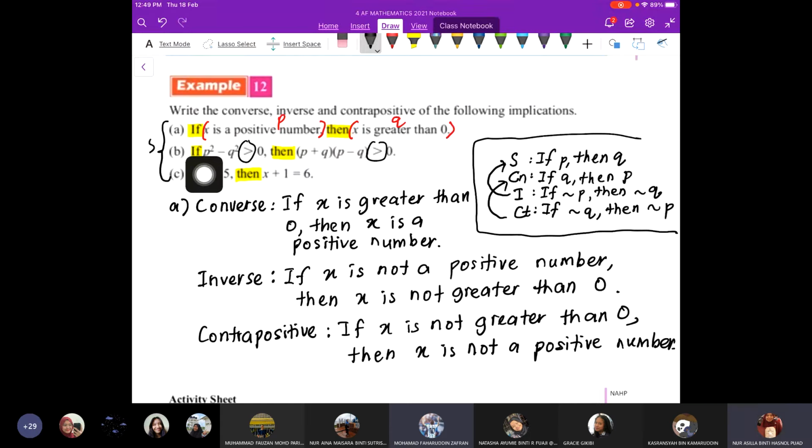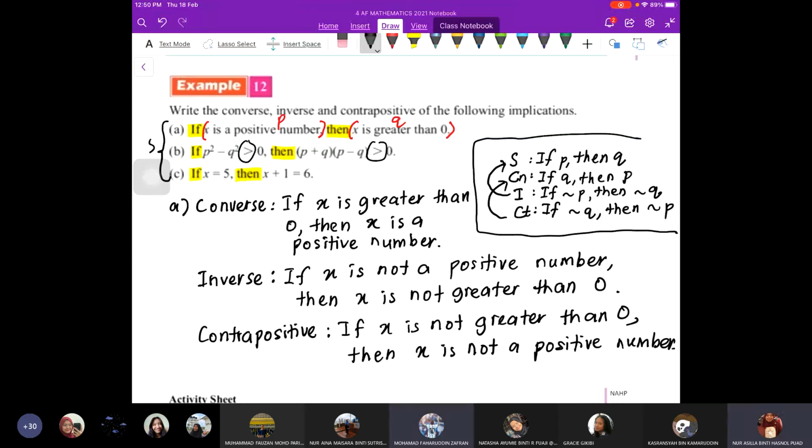Ya, soalan B. Saya nak contrapositive. Kejap ya Miss. Miss, kalau salah tak apa kan? Tak apa, saya tak cakap pun kena betul. Okay. Contrapositive. Bagi saya lah Miss, yang P square minus Q square tu.